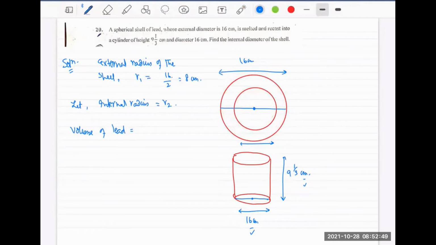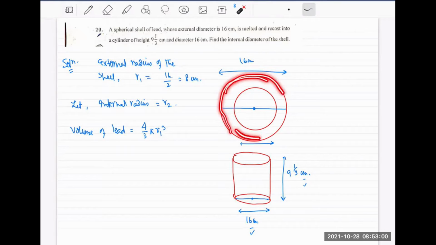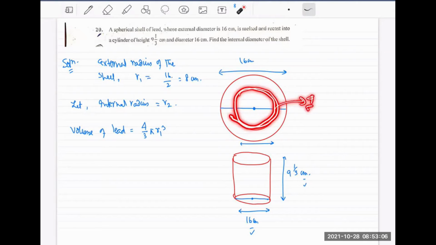So volume of lead will be 4 by 3 pi R1 cubed. When we have R1, we take the volume of this whole portion. And what about this portion? This is still a sphere, so the volume will be 4 by 3 pi R, which one, 1 or 2? We will have R2 cubed because the radius from here to here is R2. So subtract here.